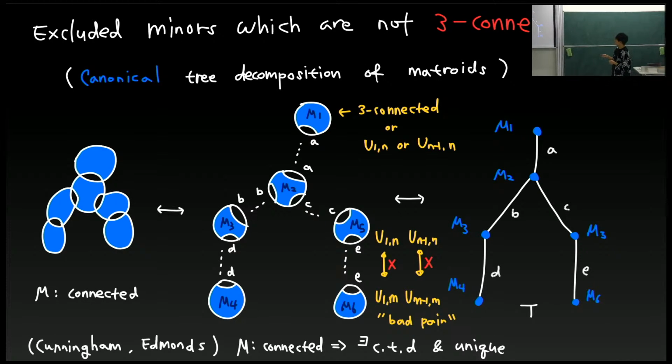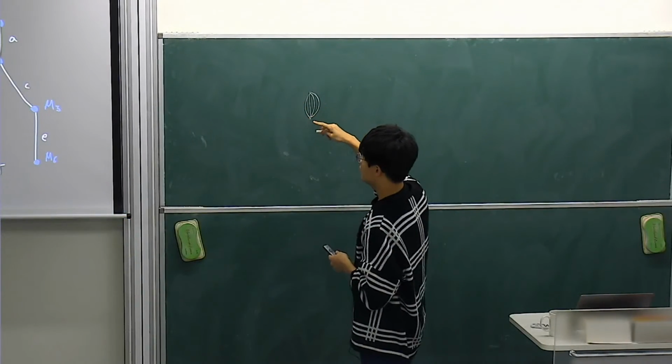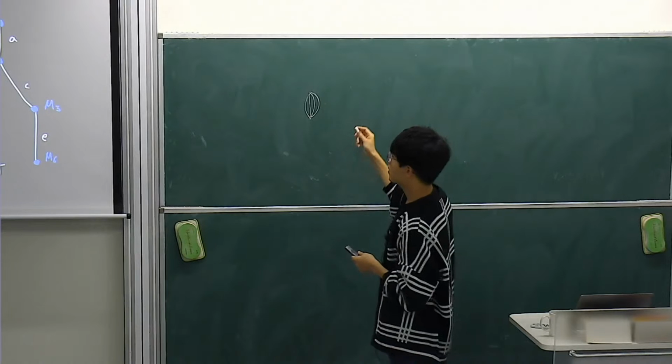Now let me give a special kind of tree decomposition, called the canonical tree decomposition. A canonical tree decomposition is a tree decomposition with two more conditions. First, each corresponding matroid is either three-connected, or a uniform matroid of rank 1, or a uniform matroid of rank n minus 1. We can see the uniform matroid of rank 1 as the cycle matroid of a graph with two vertices and parallel edges, and the other as the cycle matroid of just a cycle.